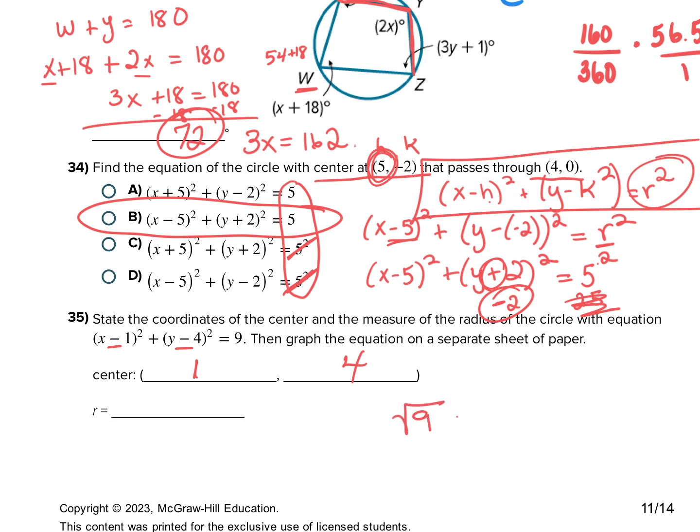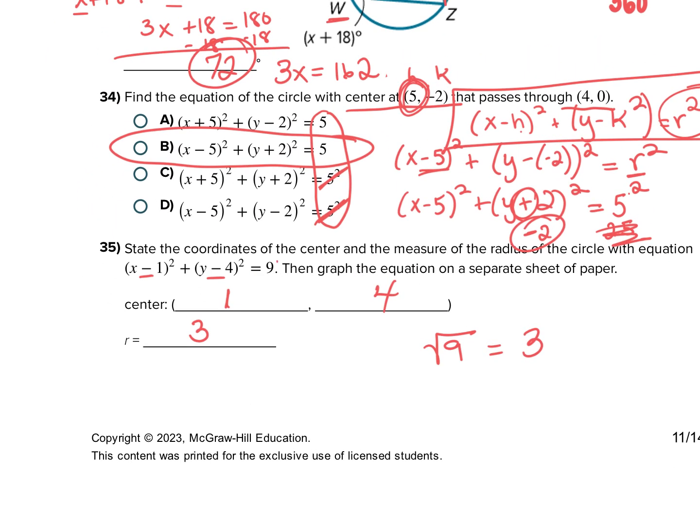So the square root of 9 is actually 3, because they already squared the radius. If they hadn't squared it, this would have instead said 3 squared, but they simplified that to be 9. So my radius is actually 3.